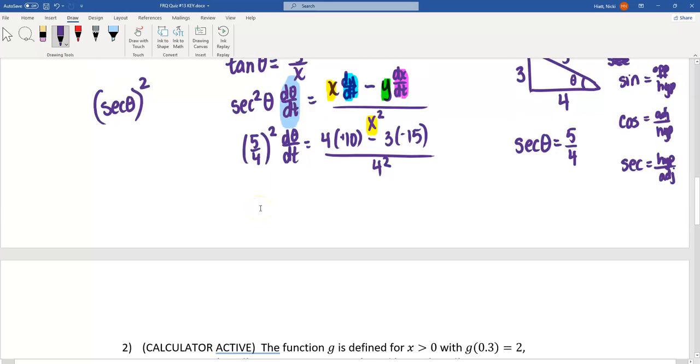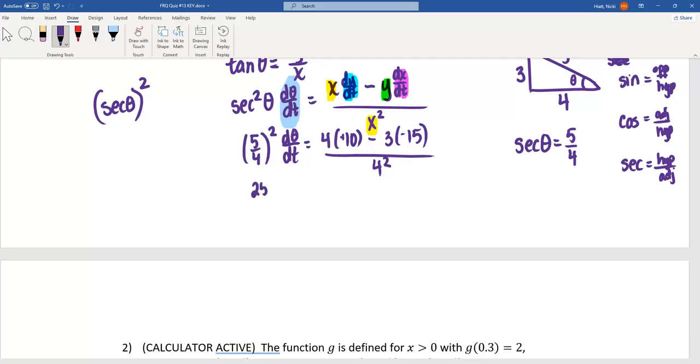Now, if I end up not giving you the calculator, you technically could just divide both sides by (5/4) squared and leave it. You don't have to simplify, but I'm going to simplify. I think it's easier to be able to know the exact answer that you're trying to get to.